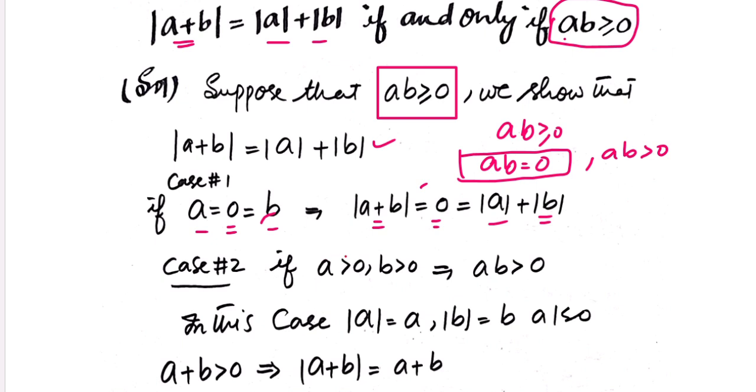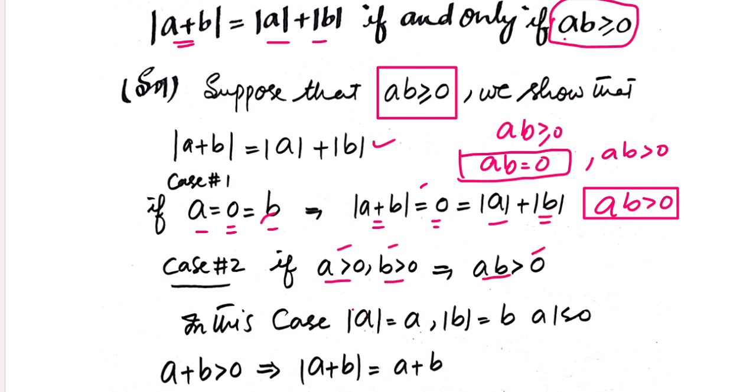Second case. Now ab should be greater than 0. That is, the product should be greater than 0. Now product greater than 0 means they both have the same sign. Either they are positive or they are negative. So firstly we discuss the case of positive. If a is greater than 0, b is greater than 0, then finally their product is greater than 0.